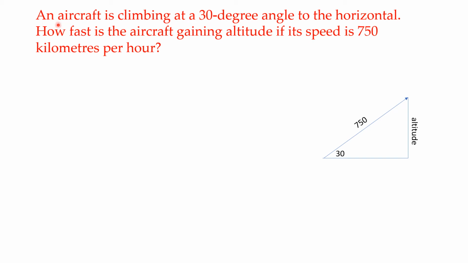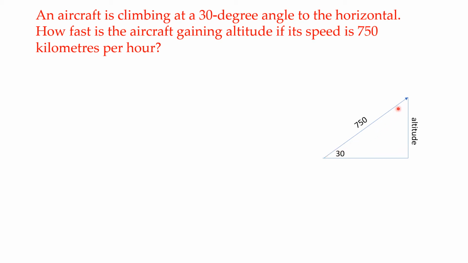Next, an aircraft is climbing at a 30 degree angle to the horizontal. How fast is the aircraft gaining altitude if its speed is 750 kilometers per hour? This is going to make it easy for us to solve the problem.